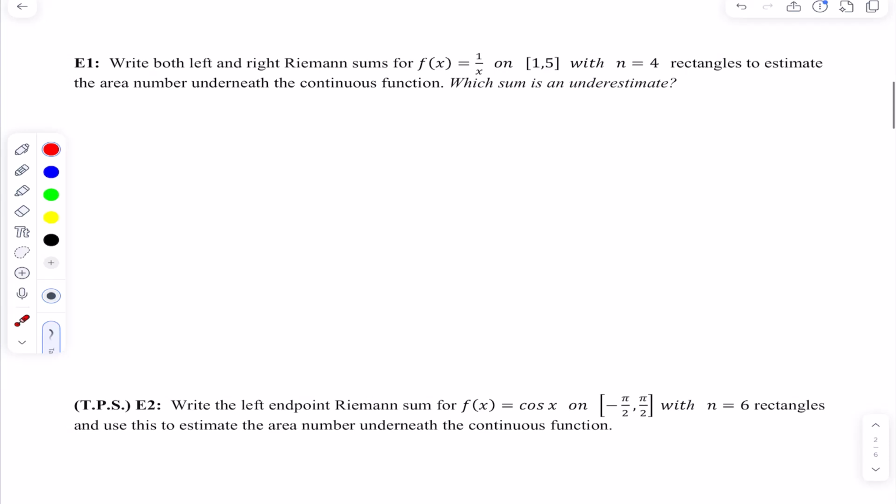Let's write both left and right Riemann sums for this function here on the interval 1 to 5 with 4 rectangles to estimate the area underneath this continuous function. Which sum is going to be an underestimate? So we're going to apply our algebra skills, and in this case specifically graphing.